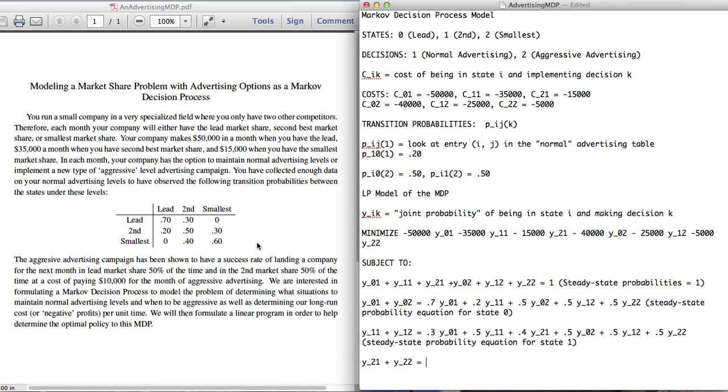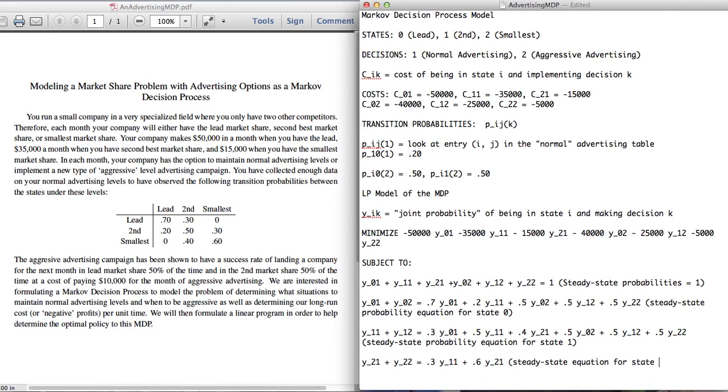So we really only have a 30% chance if we implement the normal advertising in state 1, so 0.3 Y11, plus 0.6 times Y21.